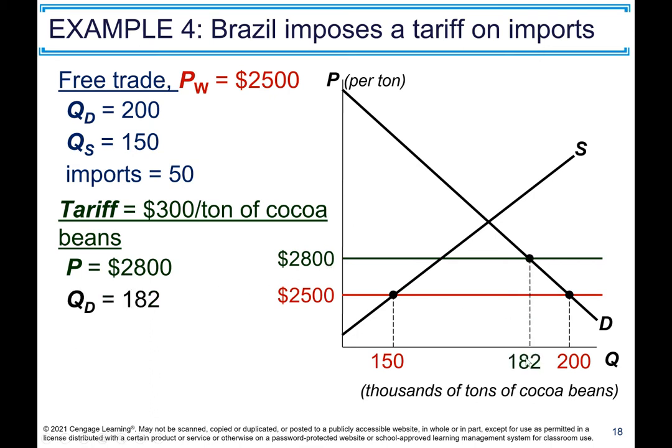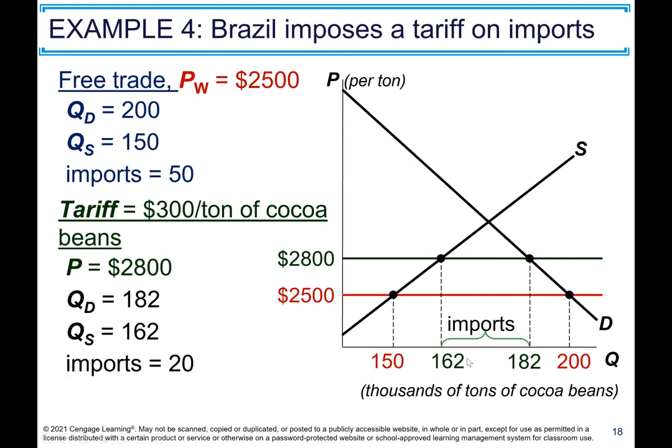Domestic quantity demanded declines from 200 to 182. Quantity supplied increases from 150 to 162. Imports shrink from 50 to 20.